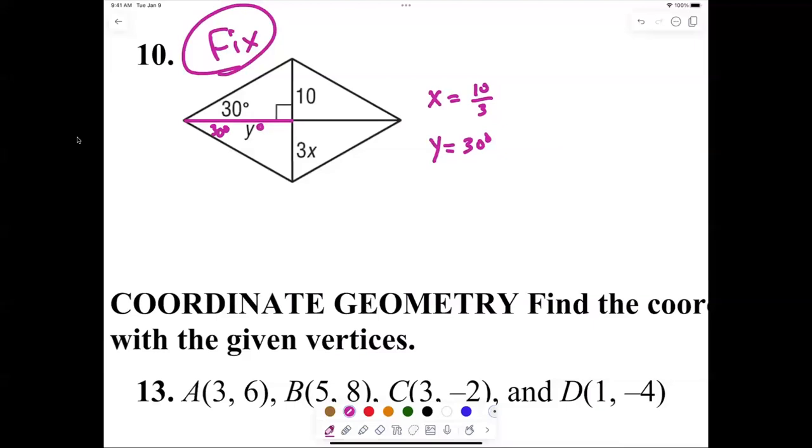you don't know how to find that right now at the moment. The diagonals bisect each other, right? So this is equal to this. Do you agree with that? No, 3x equals 10. That's why I do think they made a mistake here and didn't say that should be Y degrees.